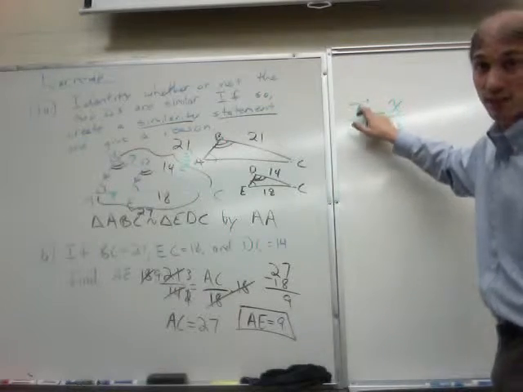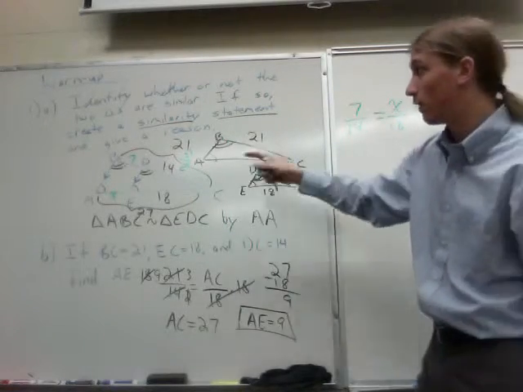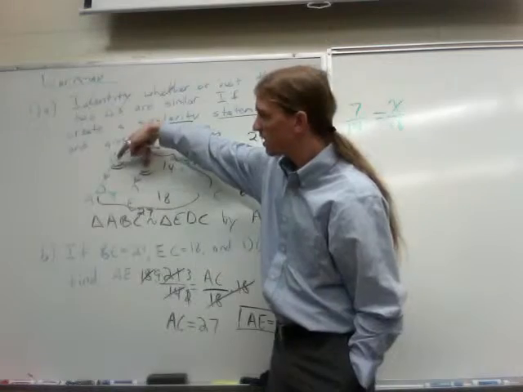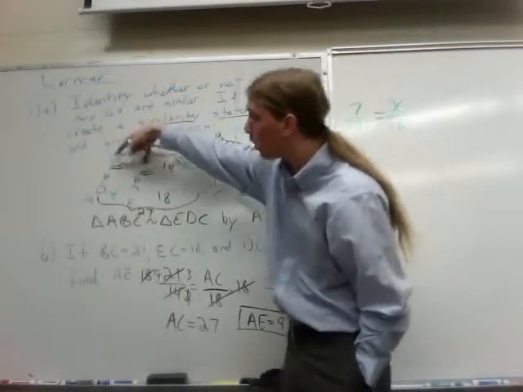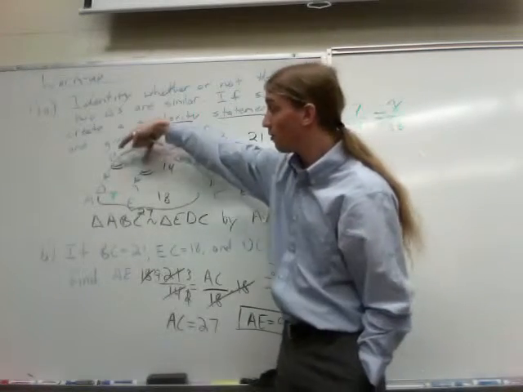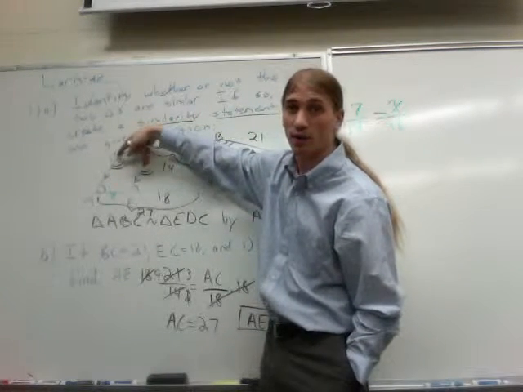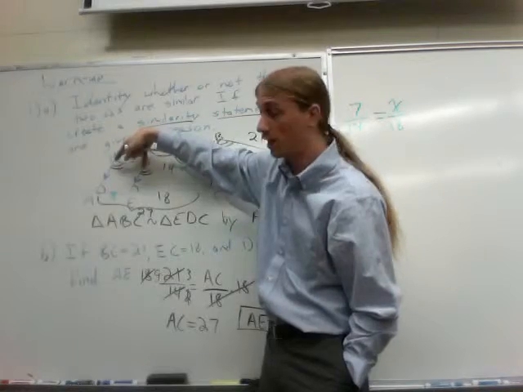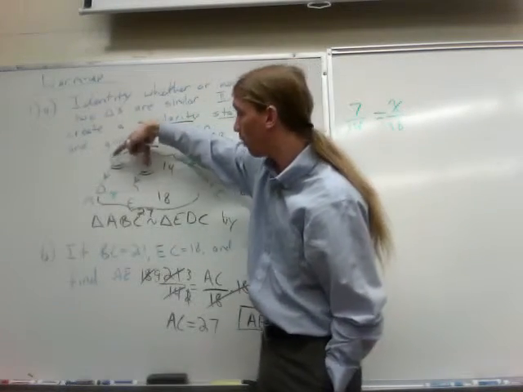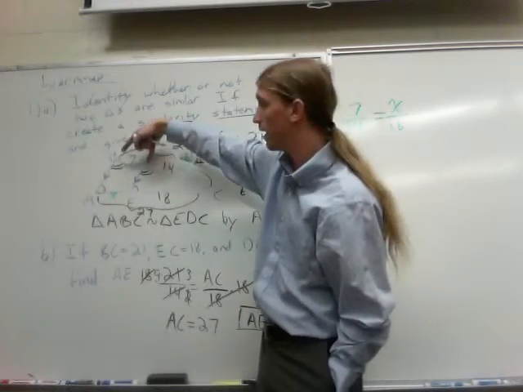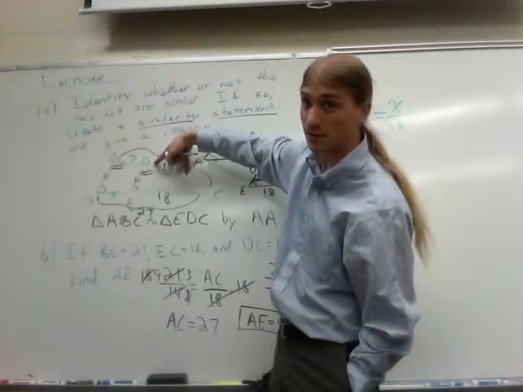When I look at 7, the words I say to myself are, 7 is this part of the big side on this triangle. It's a part of a side. Notice, this is not a side of any triangle up here on this diagram. It's a part of a side. And I'm comparing that part to the other part. I'm going one part to another part. I might even say smaller part to bigger part on this side.